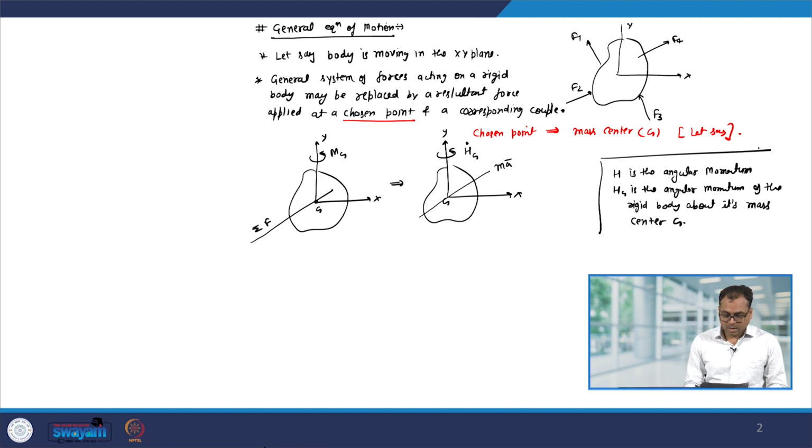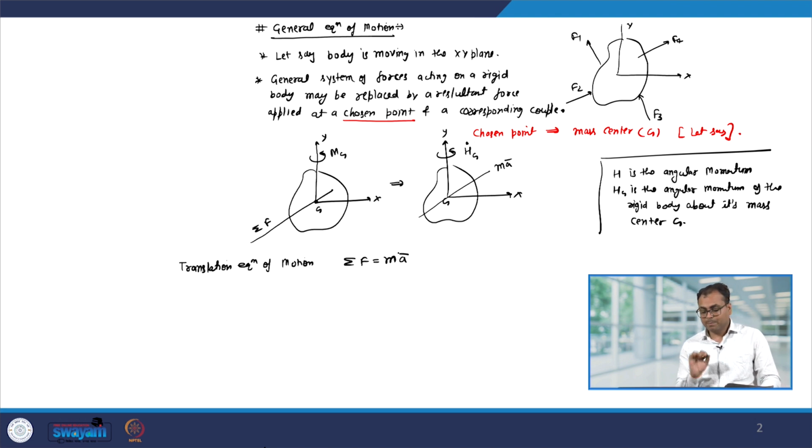Okay. So, we have two equations, one for the translation and one for the rotation. The translation equation of motion is summation F equal to m a bar. A bar means the acceleration of the mass center.